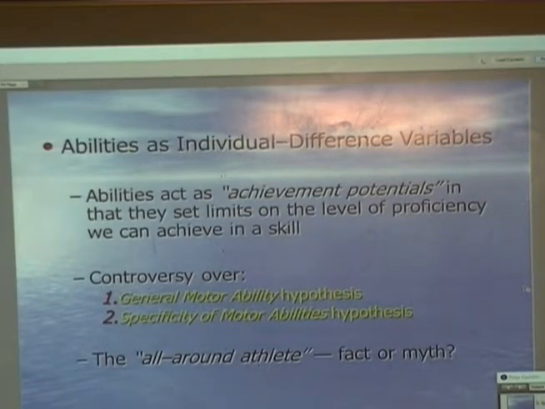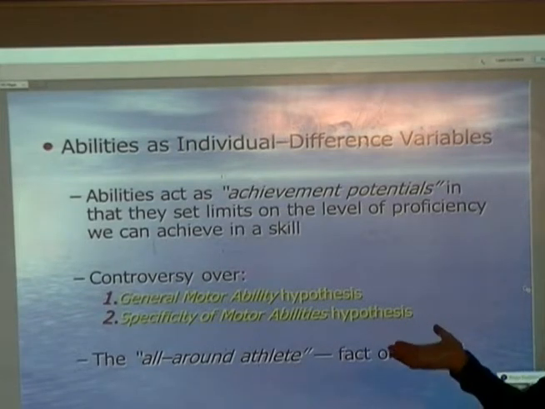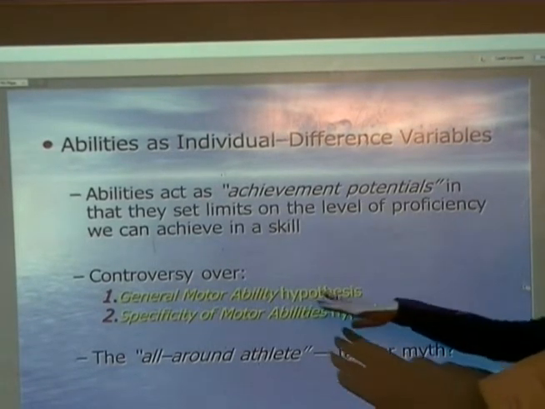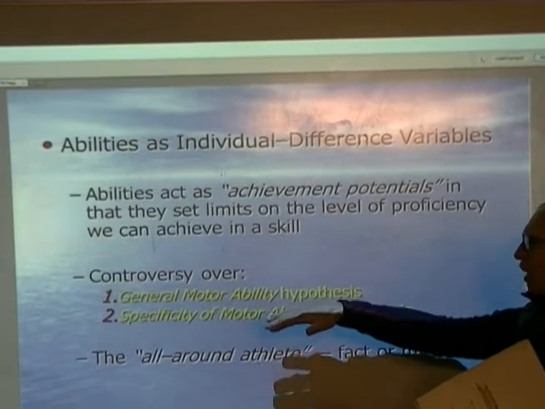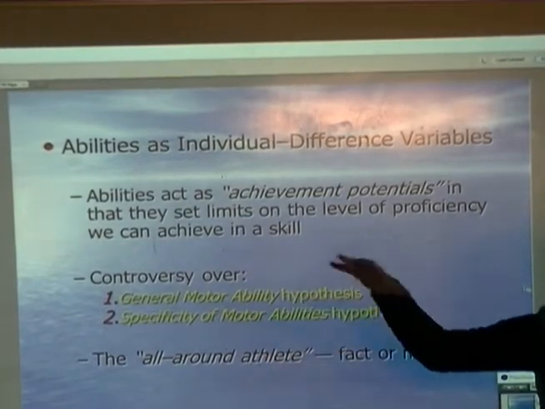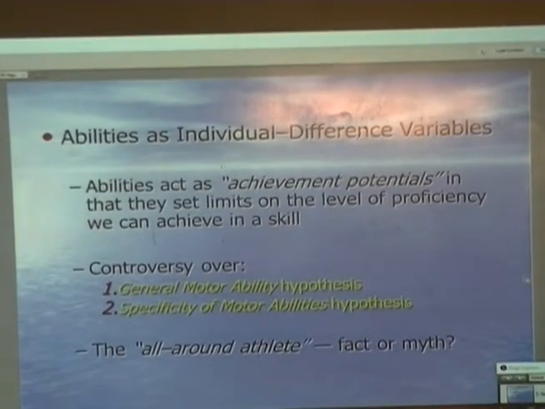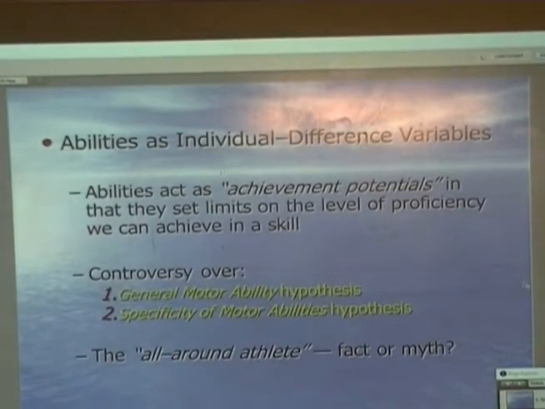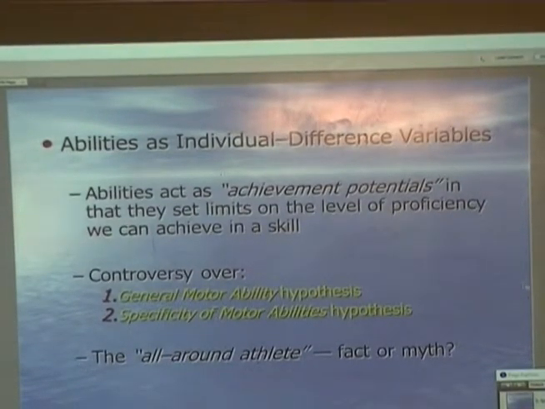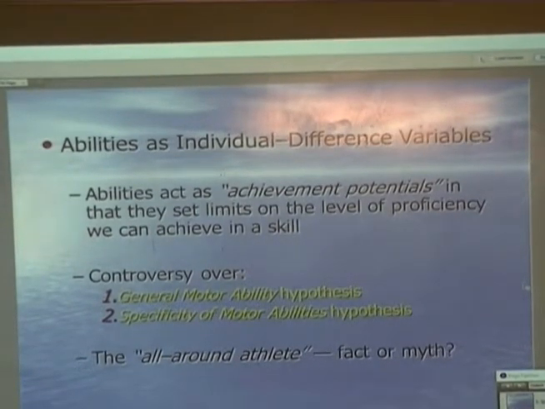So historically, a long time ago, it was felt that there was one general motor ability. Okay? That if someone was good at games, they were good at sport, they were good at all sport.